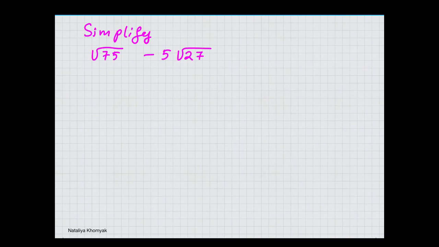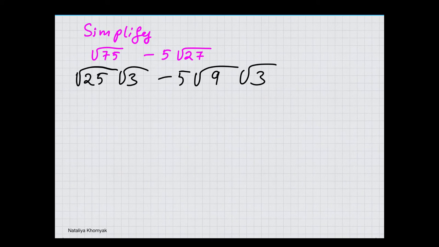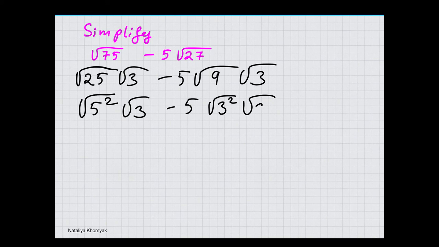Here we have to simplify square root of 75 minus 5 radical of 27. 75 can be written as 25 times 3 minus 5 times the largest perfect square that will go into 27, which will be 9 times 3. So we have 5 to the second square root of 3 minus 5 times 3 to the second square root of 3.